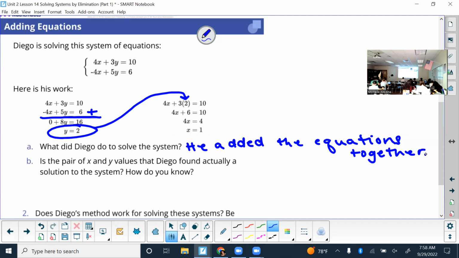And then is the pair of x and y values that Diego found actually a solution to the system? So think about that. Don't say it yet. Is the x and y that he found an actual solution to the system? So yell it out. Just think about it.